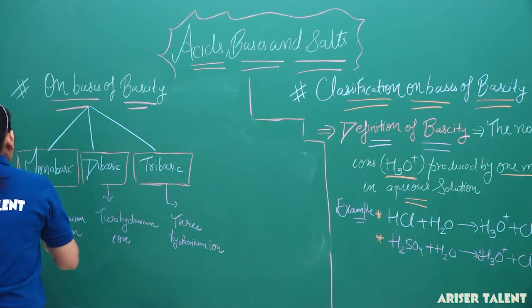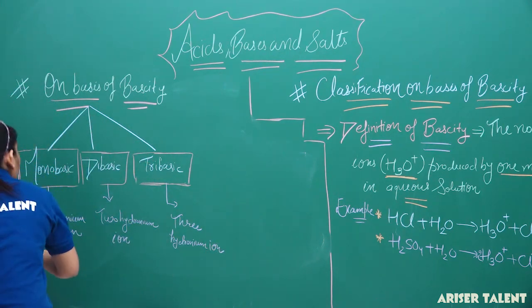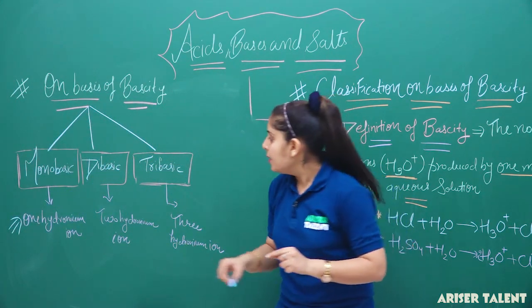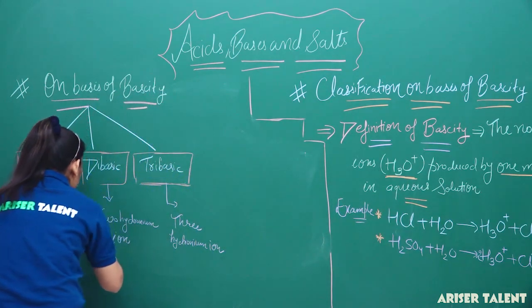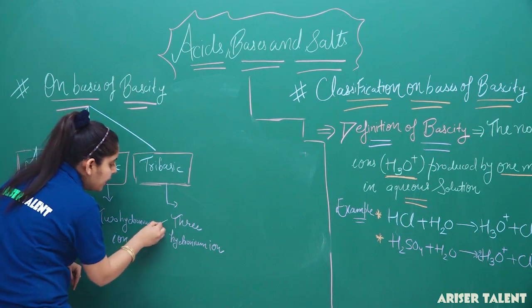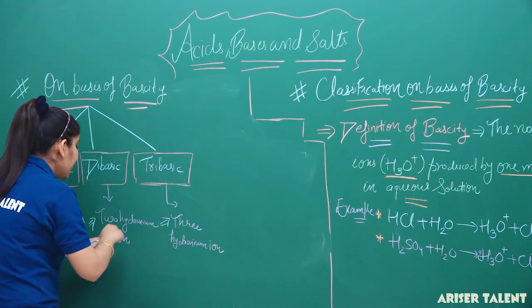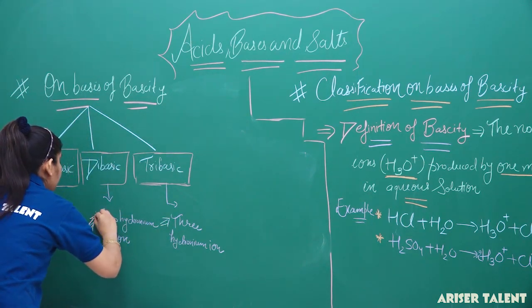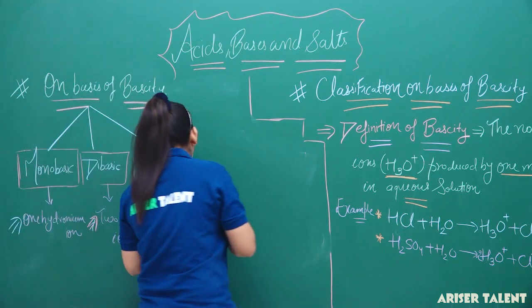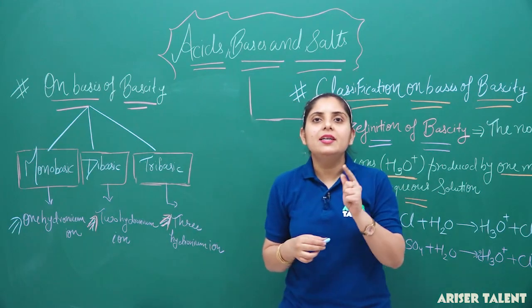So if one hydronium ion is produced, we can say that the acid is the monobasic acid. If 2 hydronium ions are produced, we can say that the acid is a dibasic acid. And if the 3 hydronium ions are produced, we can say that the acid is tribasic one.